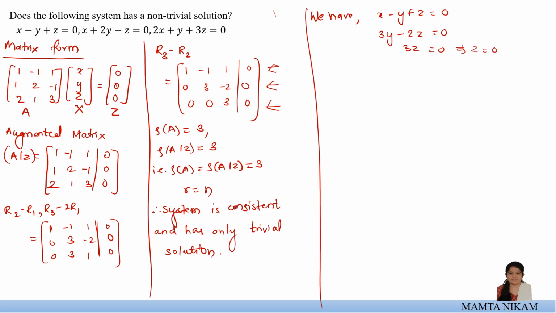From this equation we get z equals 0. Substituting in this, obviously y is 0. Substituting z and y, x also comes out as 0. Correct. So this is the trivial solution, that is x, y and z all are equal to 0. The question was, does the system have a non-trivial solution? So obviously no, it has only a trivial solution.